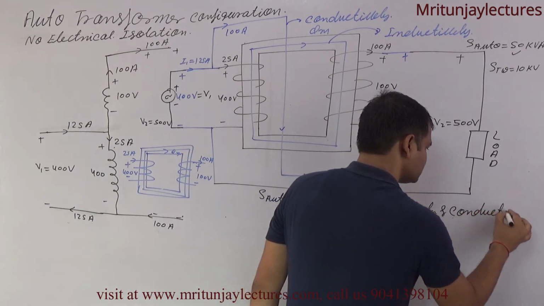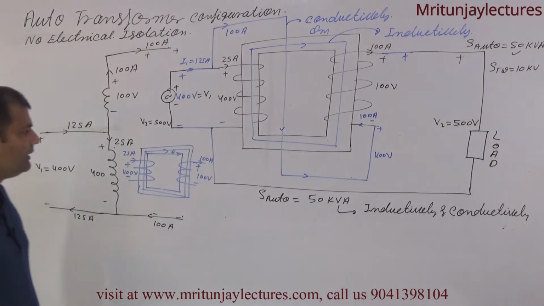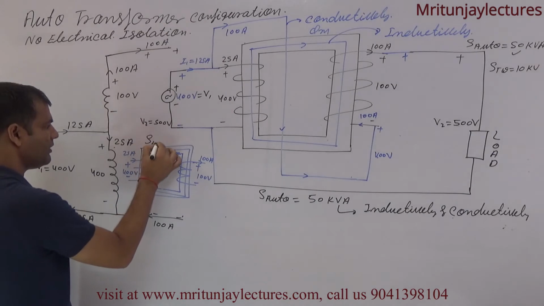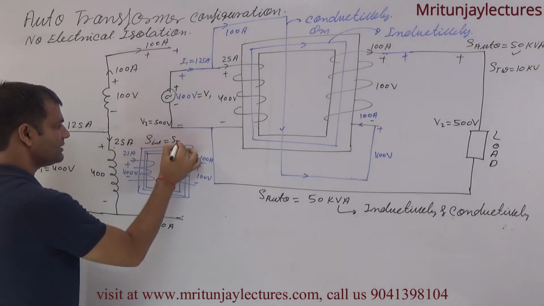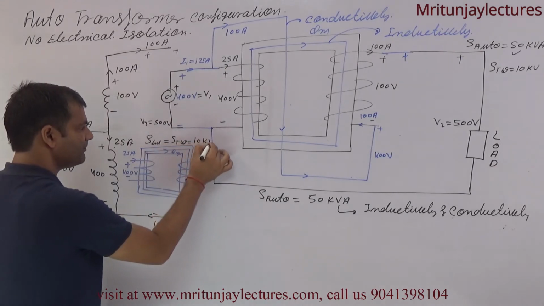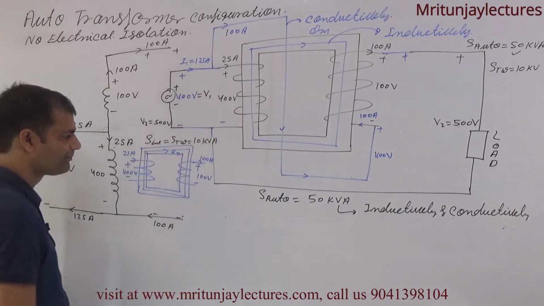Clear? Okay. In a two winding transformer, power transfers through S TW only inductively, that is 10 kVA.